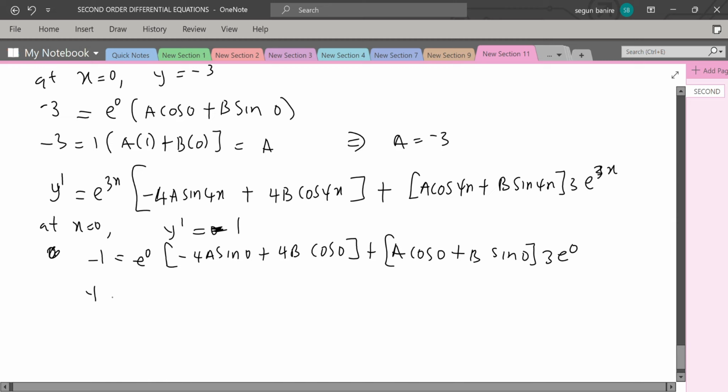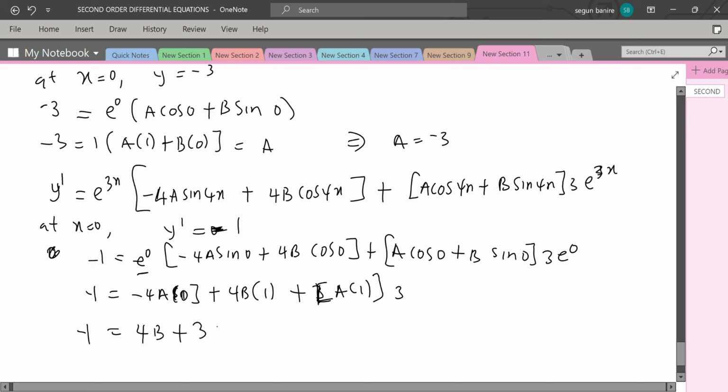So you see where everything lies. This gives us 1. So 4a sine 0 is 0, plus 4b times 1, plus 3 times a times 1, and b sine 0 is 0, because exponential 0 is 1. So at the end you only have 4b plus 3a.